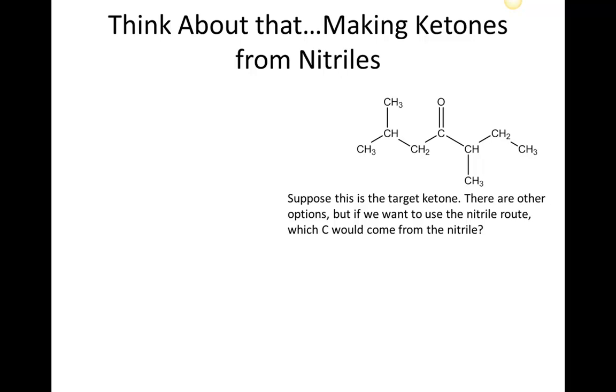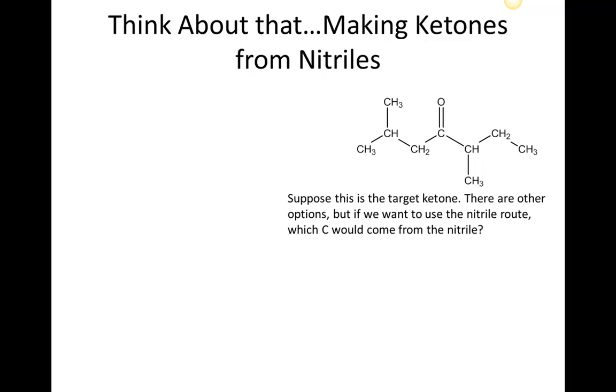Suppose that we have this molecule, and we want to make this guy. And we might have some other ideas, but we want to try out this new route that we've just seen. And so the first question is, which one of these carbons would have come from a nitrile? What we just discussed is it's the carbonyl carbon. So if you think about that, then we need to know how to make a nitrile.